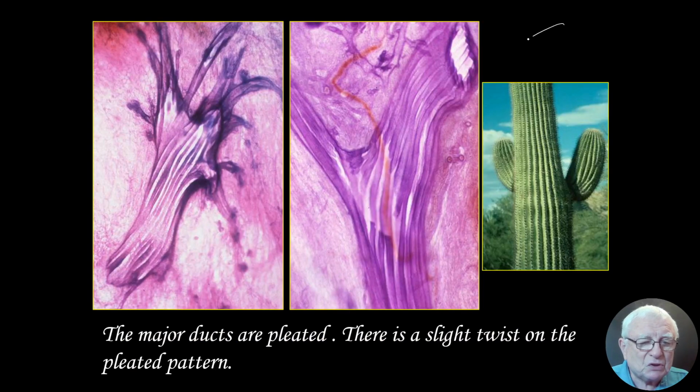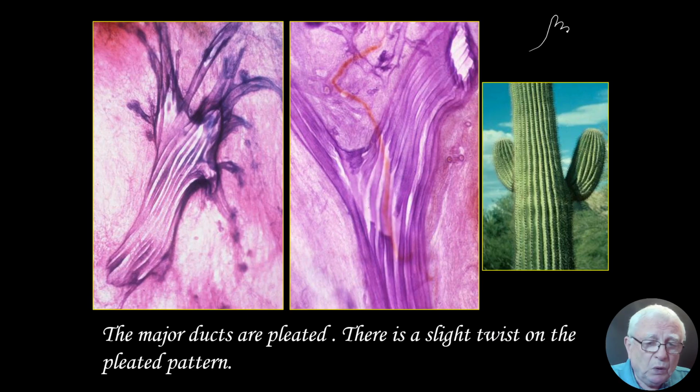Now, that's why I'm saying that very dry word, duct, is actually much nicer, much more beautiful when you use the 3D pathology. And the comparison is fabulous with the saguaro cactus in Arizona. You see, it's pleated. Why?